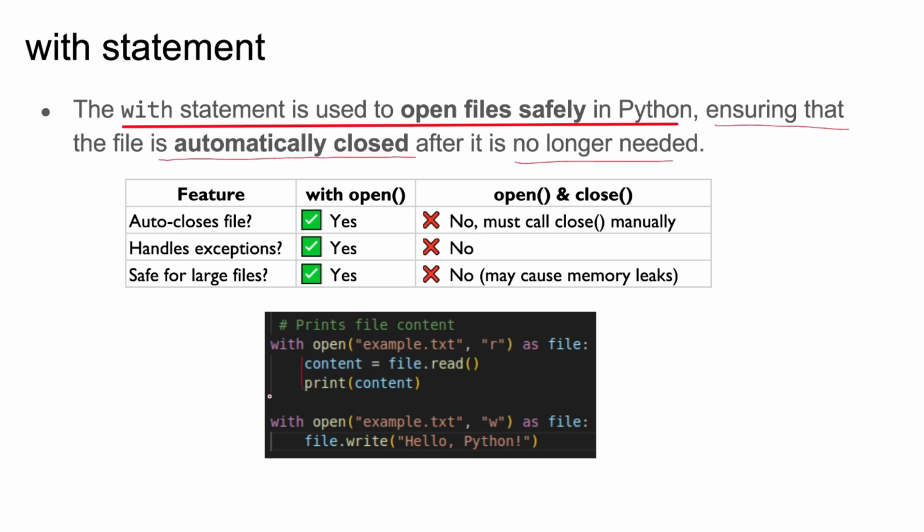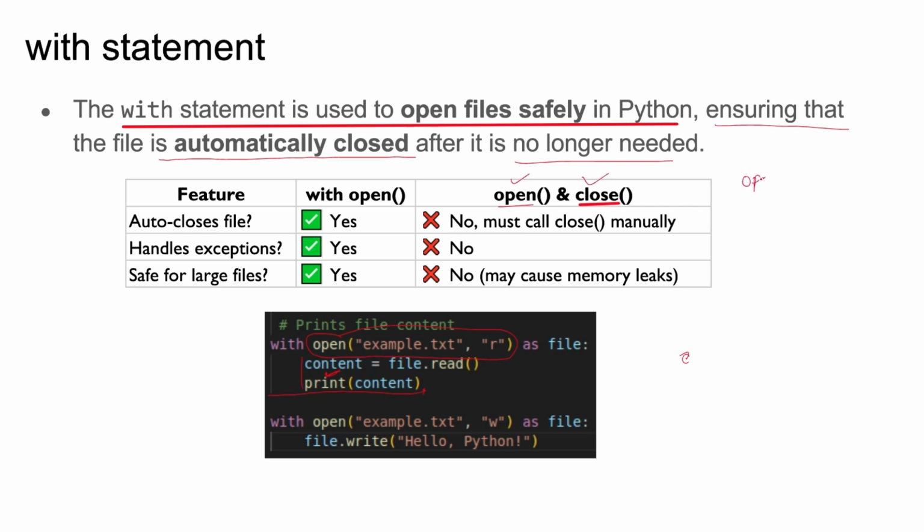Once the print statement executes, it will release this and close the file. Generally we use the open function and then we close the file.